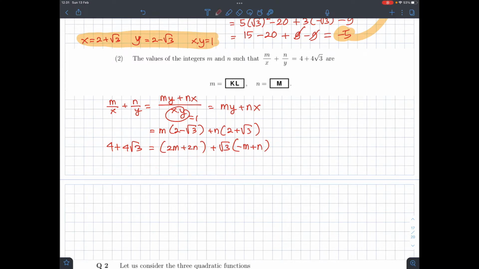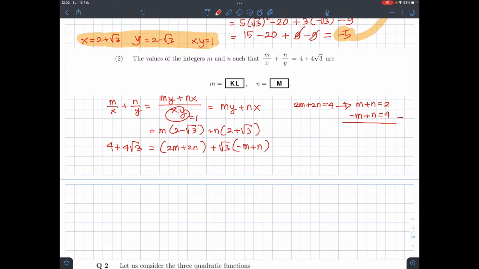So 2m plus 2n equals 4, you can simplify, m plus n equals 2, and with this equal to this, you get another equation, negative m plus n equals 4. You have two equations. You just do a simple simultaneous equation.